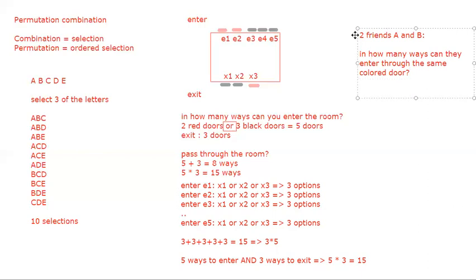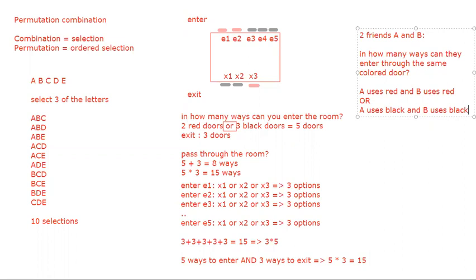So what will you say? That A uses red and B uses red, or A uses black and B uses black, isn't it? If I am talking of the same color door, then this is going to happen.